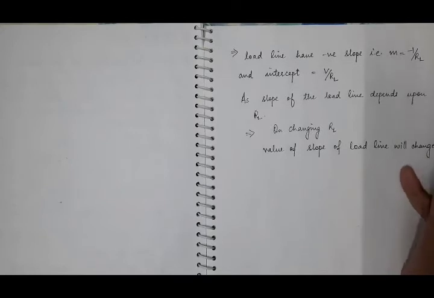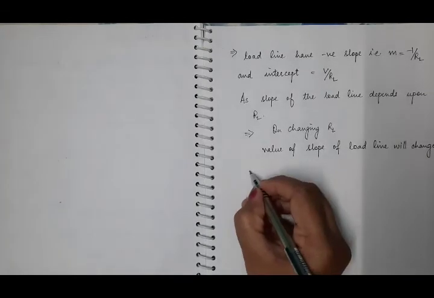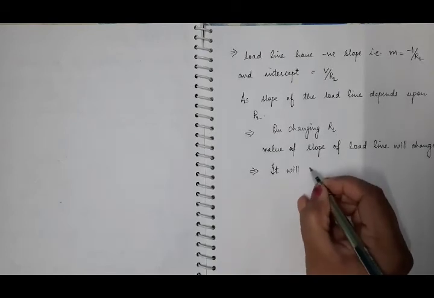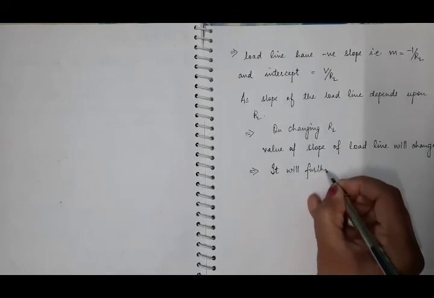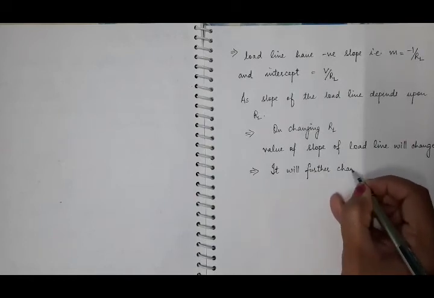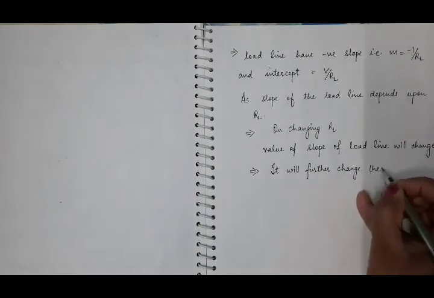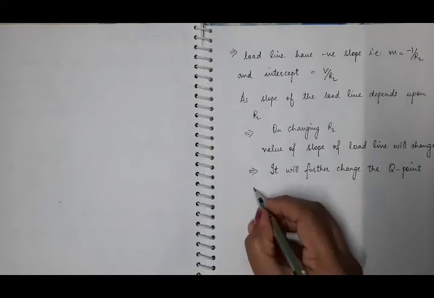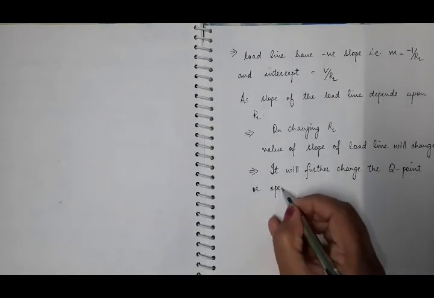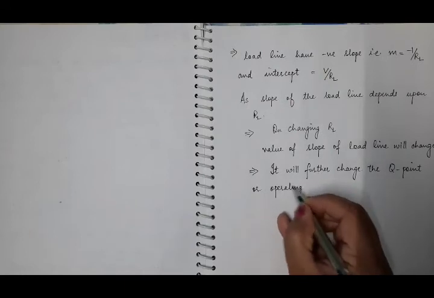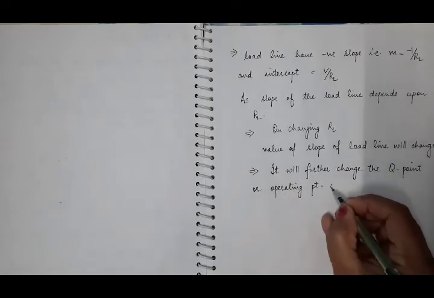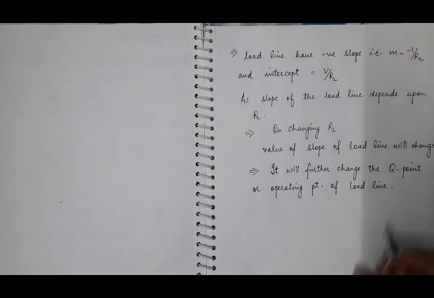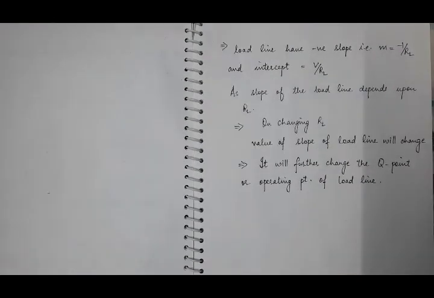And if the slope of the load line changes, it will further change the operating point or Q point of the load line. So now we will see how it is done.